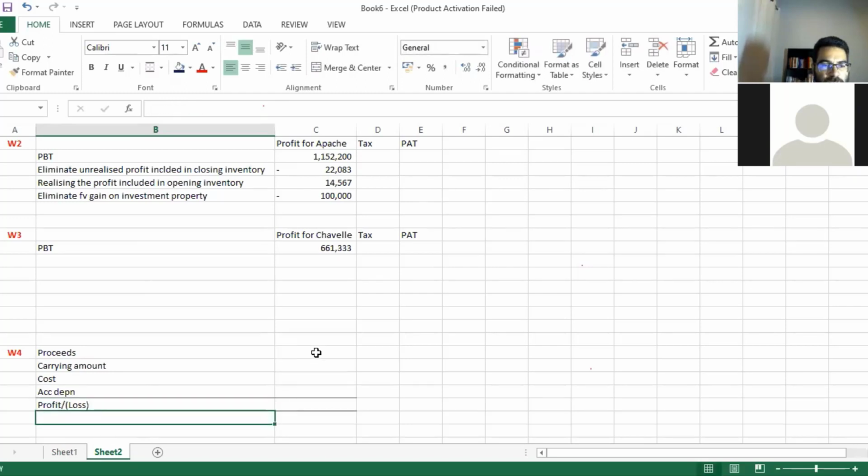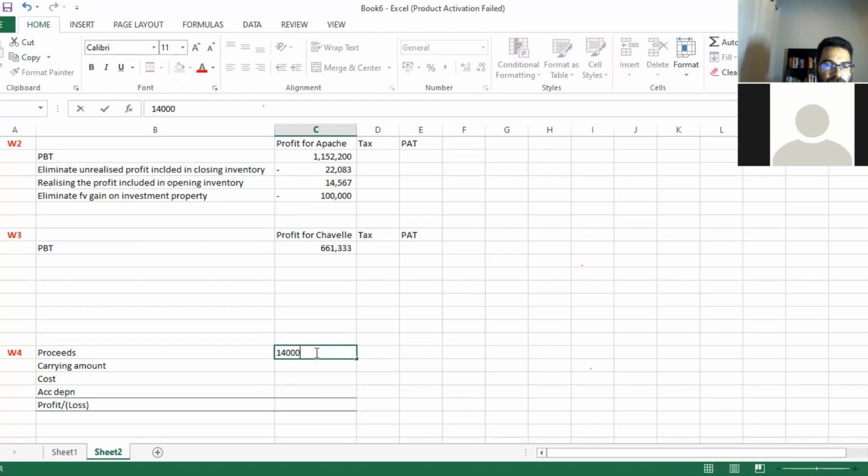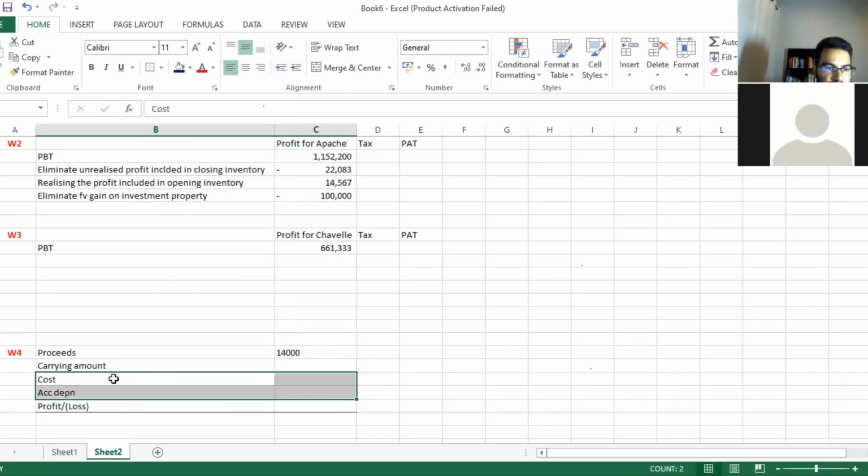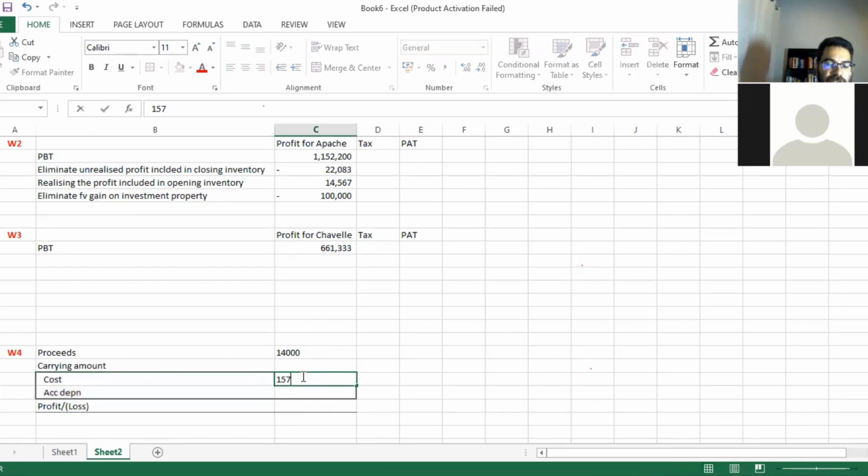So the proceeds they told us was 14,000 Rand. Remember, the carrying amount is cost price minus accumulated depreciation. My cost price was given to me as 15,700. I need to work out accumulated depreciation. Chevy acquired the furniture on 1 September 2015, and they sold it to Chevelle on 1 November 2016. If you calculate that, it gives you 14 months.